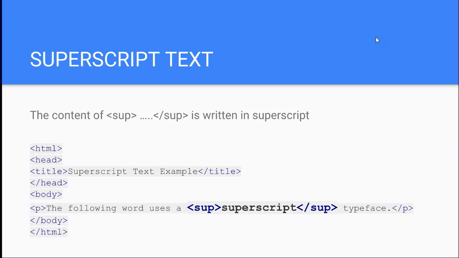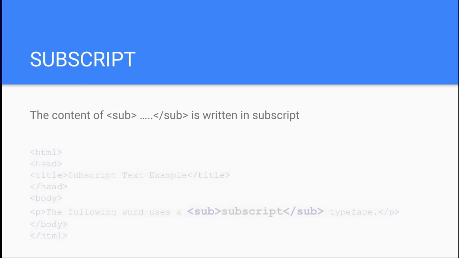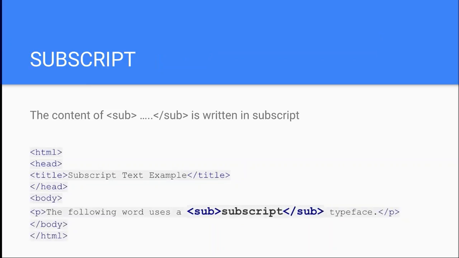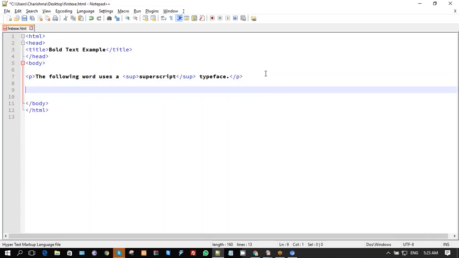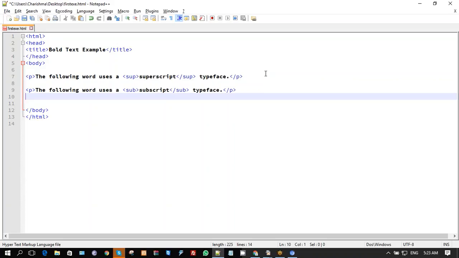And the next one is subscript. It's the same as superscript, but it's going to appear in a different way. We'll try this program too. I'm writing this subscript code right next to the superscript code that we tried previously, so that you can see the difference very clearly.